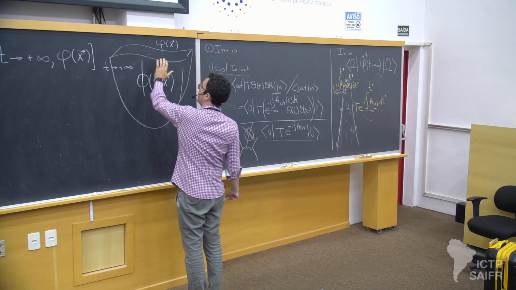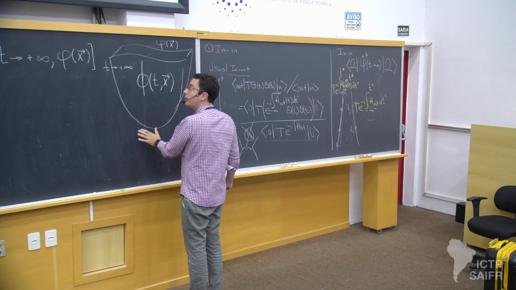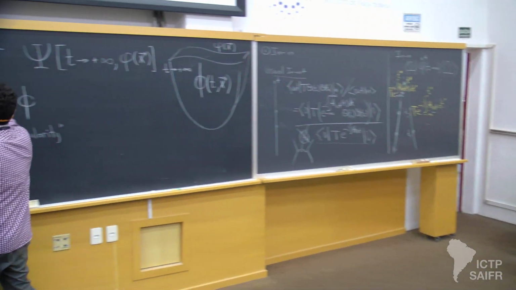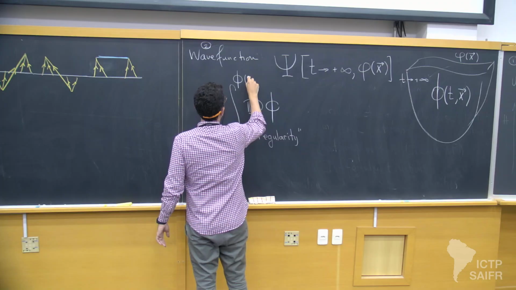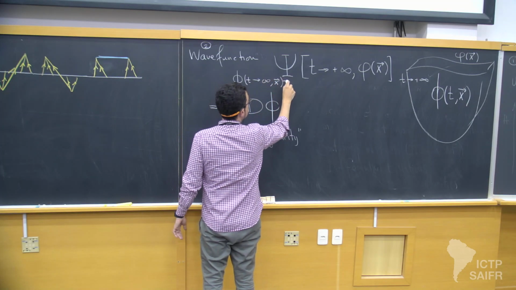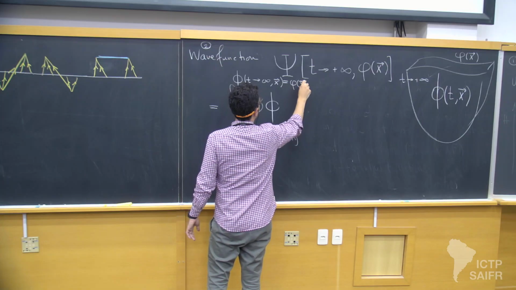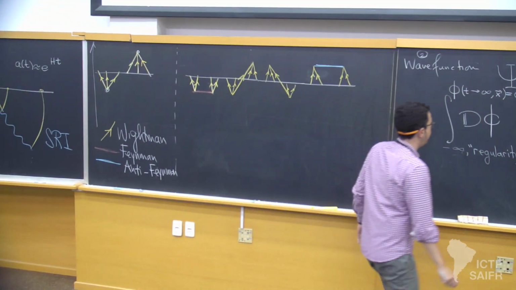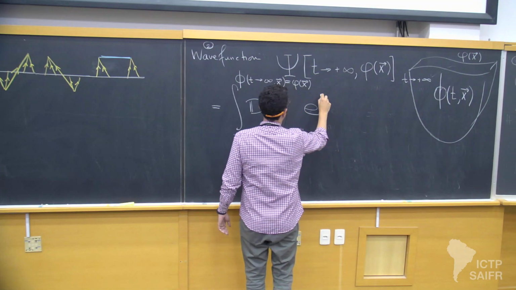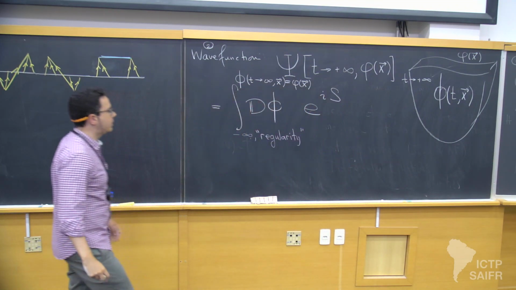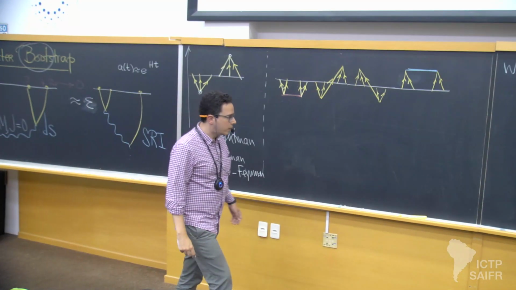And that selects the state. And then at late times, the value of phi as t goes to infinity, at x, equals phi of x. Okay, so this is where the data comes in. And then, of course, e to the i action. Okay, so that's it. So this is the path integral.